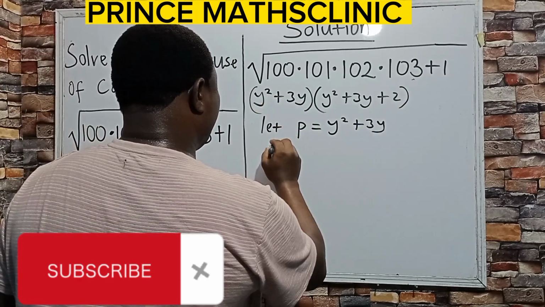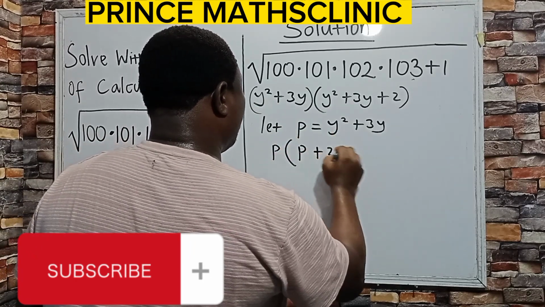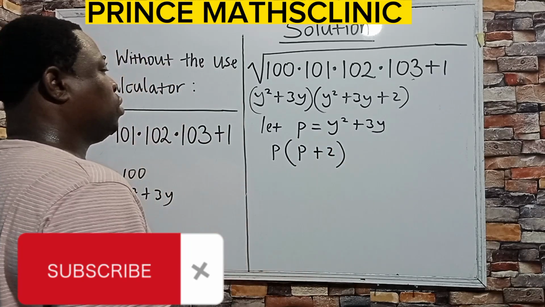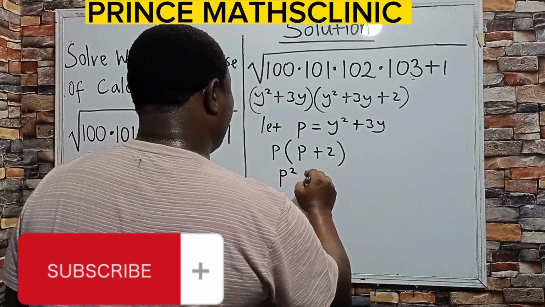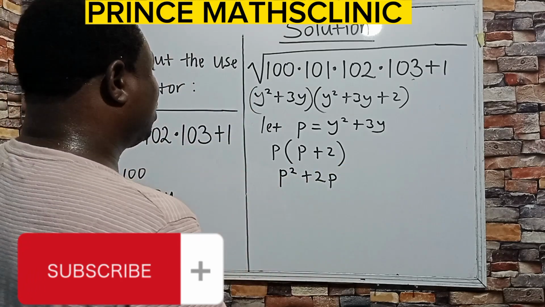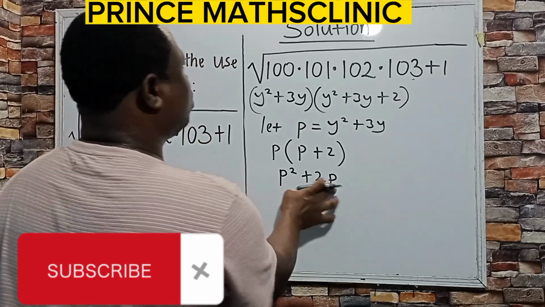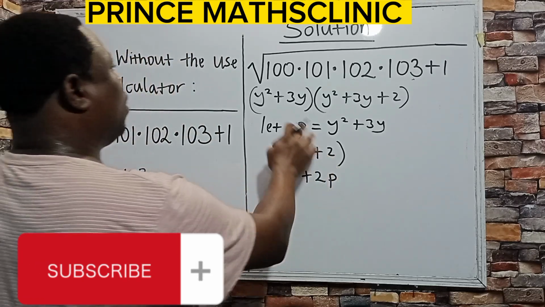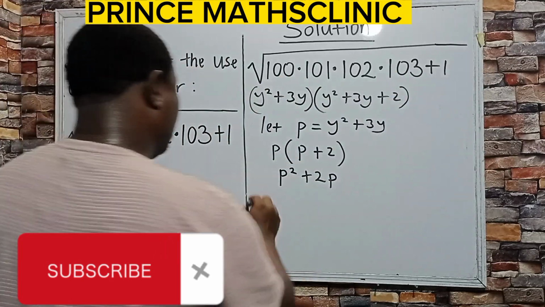So this becomes p. Then this becomes p plus 2. If you expand this, you are going to get p squared plus 2p. Then this is what I am going to put in place of all of this in my question.